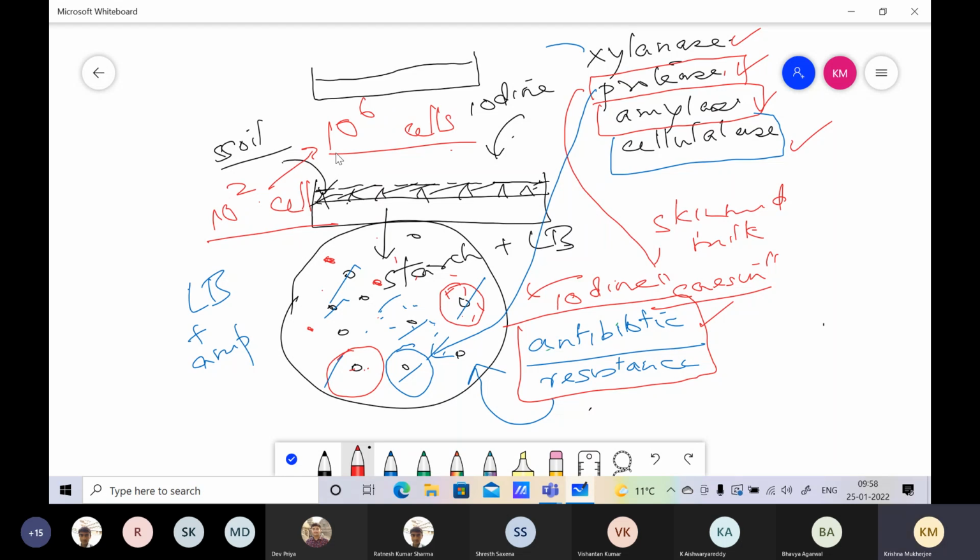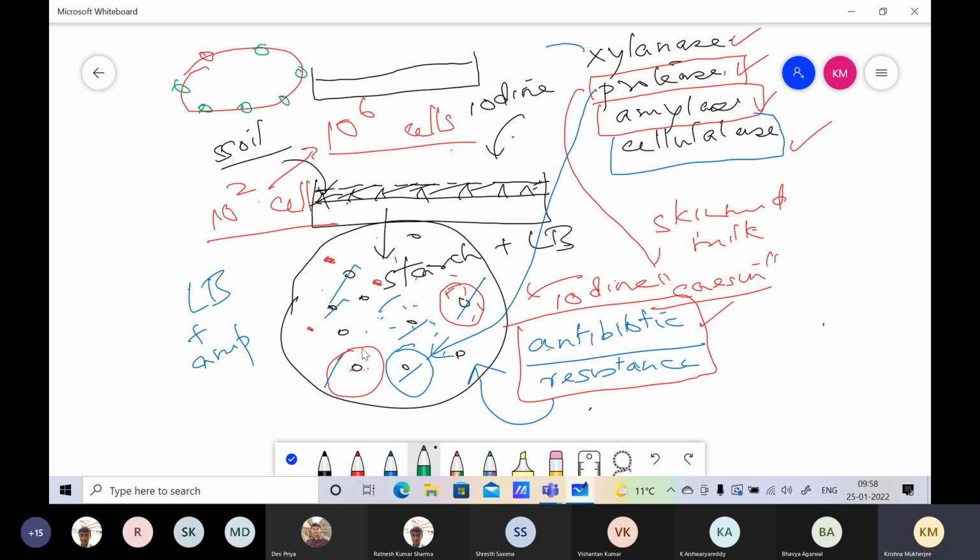So the question I will leave you with, which I'll answer in the next class, is how do you design clever strategies? I want to pick out mutants which have holes which allow recombinant protein to go outside.